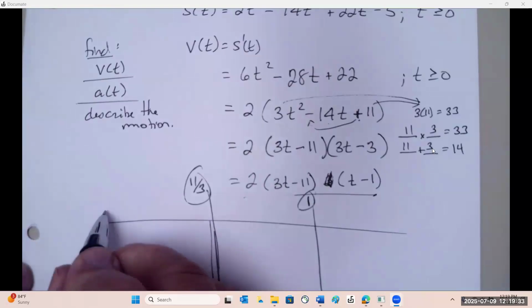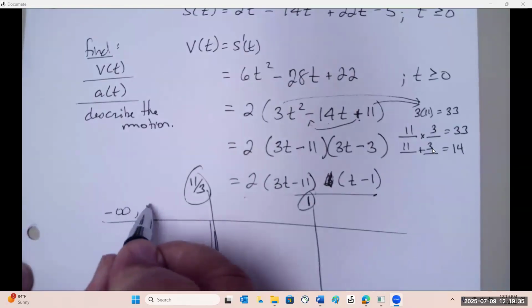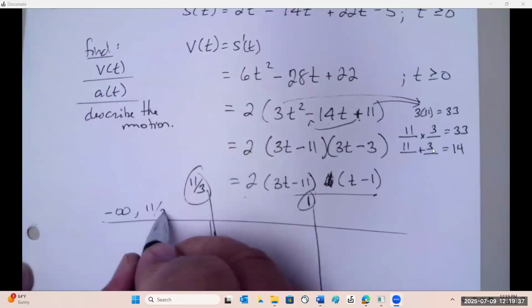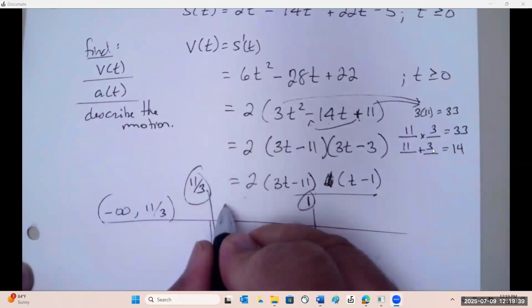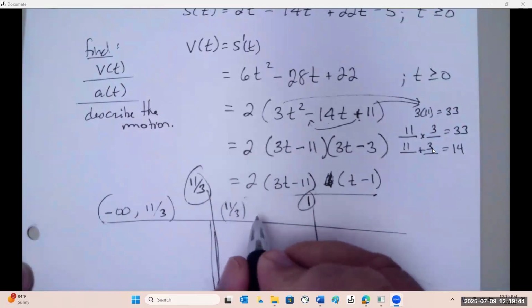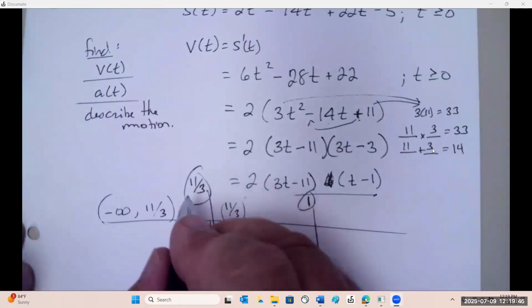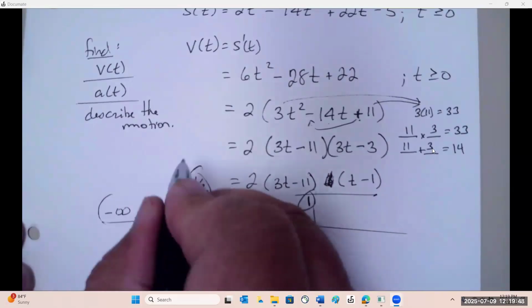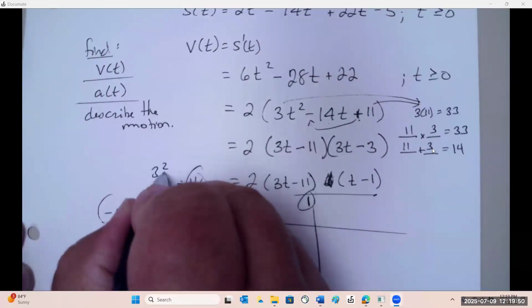So my intervals are from negative infinity to 11 over 3, 11 over 3. I got those backwards actually. 11 over 3. 3 goes in 11 3 times with 2 left over.